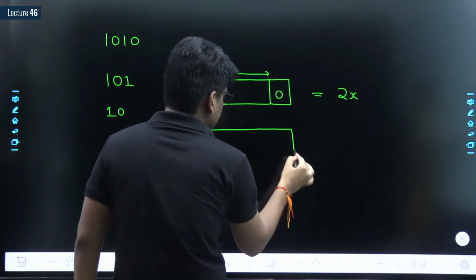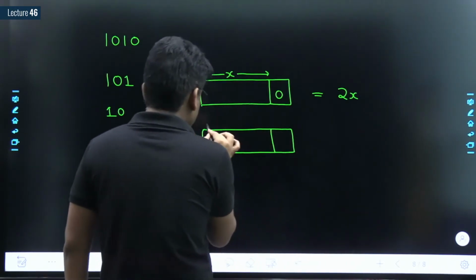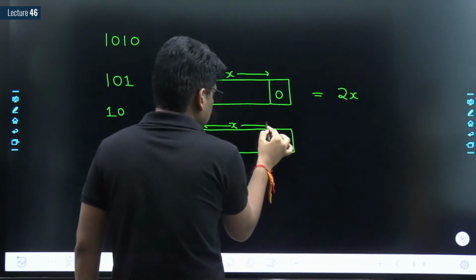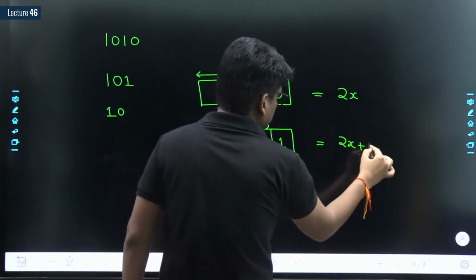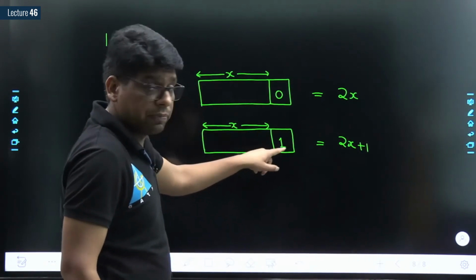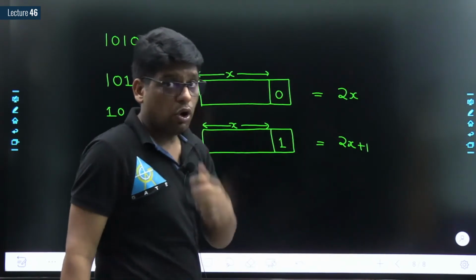And if I append a 1, its new value becomes 2x plus 1. So 2x is always even and 2x plus 1 is always odd.